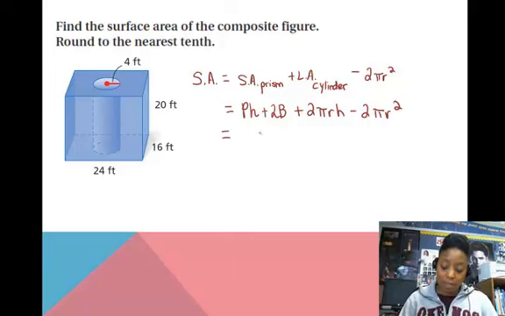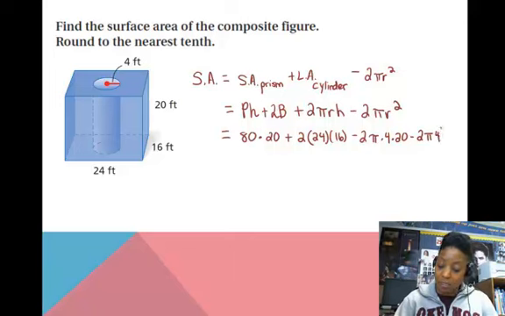So I'll just write everything here. Surface area of the prism. So we've got 80 times 20 plus 2 times the area of the base, which is 24 times 16, minus the surface area of the cylinder, or the lateral area of the cylinder, which is 2 times pi times 4 times the height of the cylinder, which is 20, minus 2 pi times the radius squared.